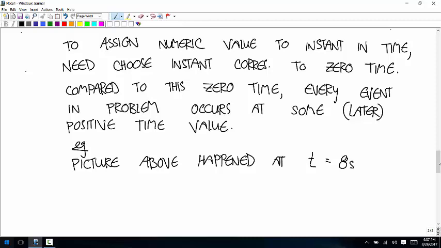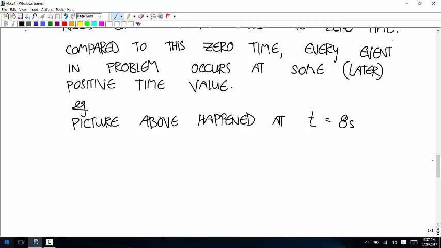Then you could write the position as a function of time at that location, like this.